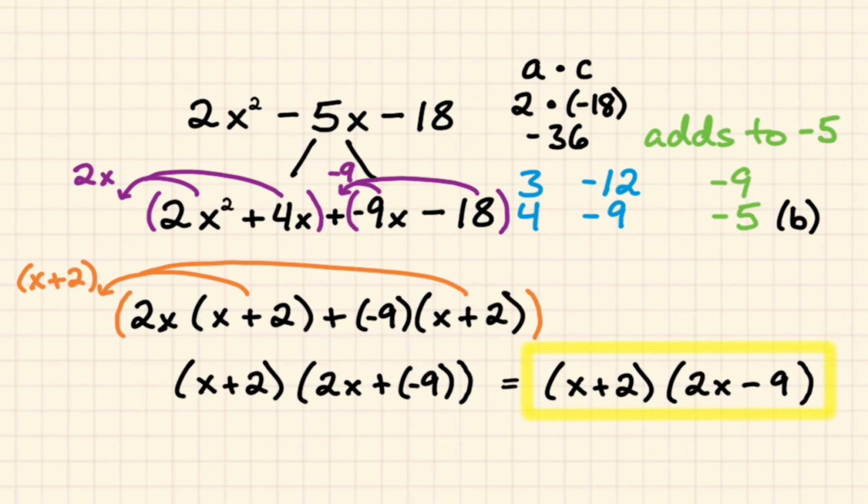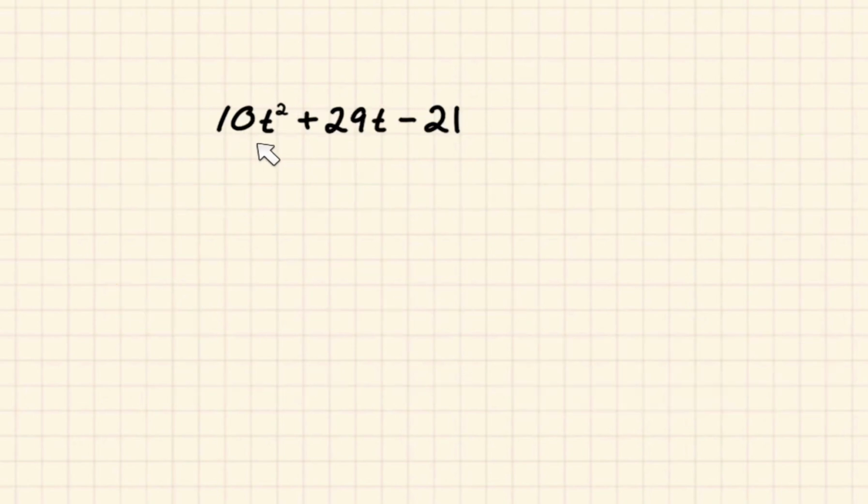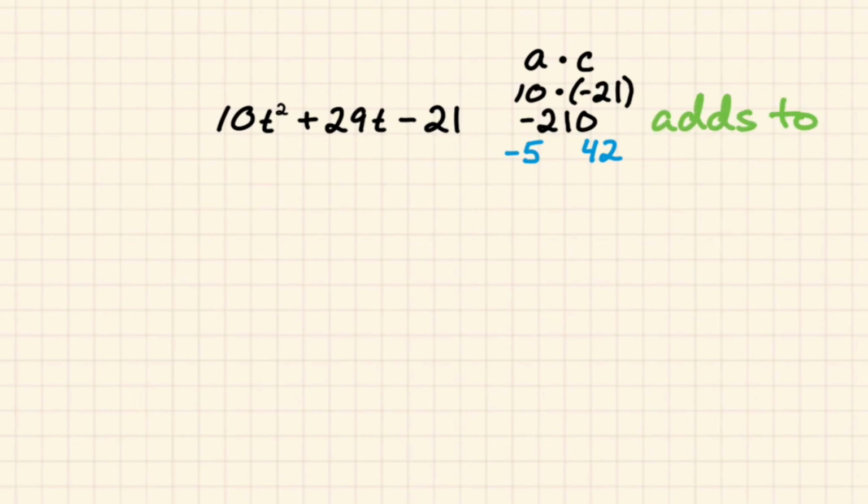Let's try another one. 10t squared plus 29t minus 21. A times c is going to give me negative 210. So I'm looking for factor pairs that add to 29. Negative 5 times 42 adds to 37.